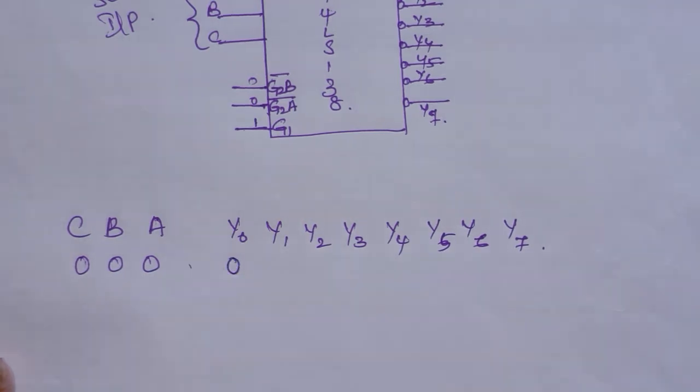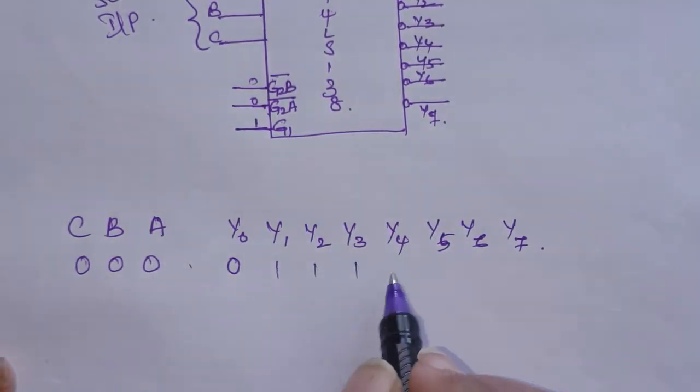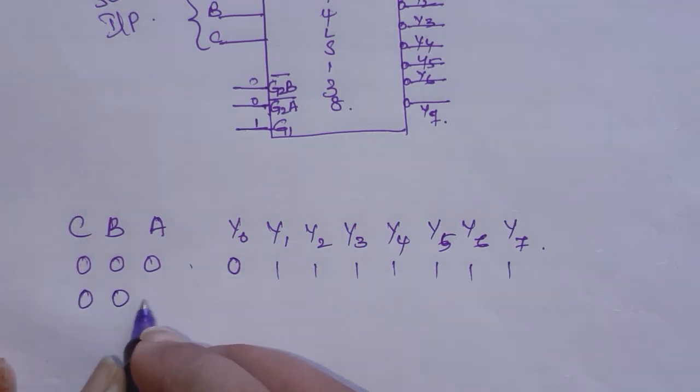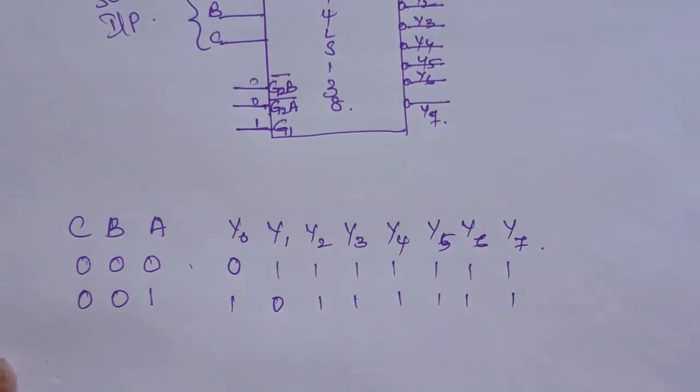This will be low because these are active low outputs, and all other outputs will be high. When input is 0 0 0, Y0 will be selected, and when it is 0 0 1, Y1 will be selected, all others will be 1.